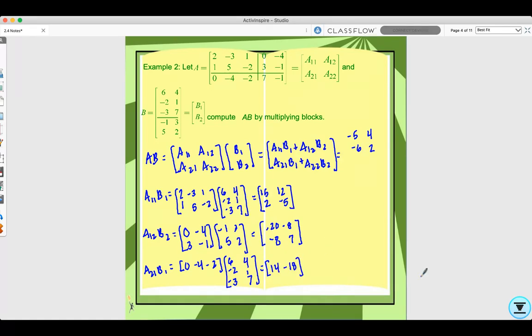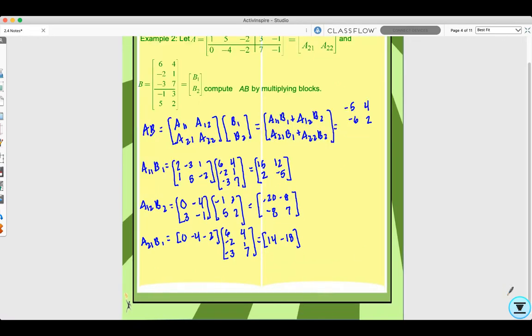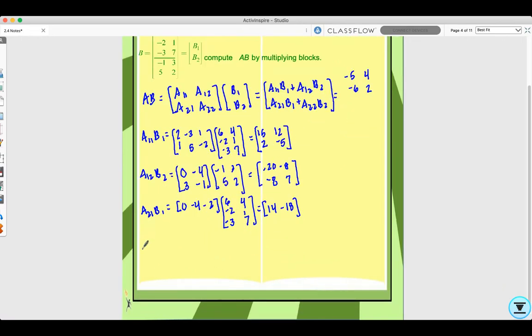Then I need to go ahead and find A22 times B2. A22 is 7, negative 1 times B2, which is negative 1, 5, 3, 2. And when I multiply these, I get negative 12, 19, I believe.